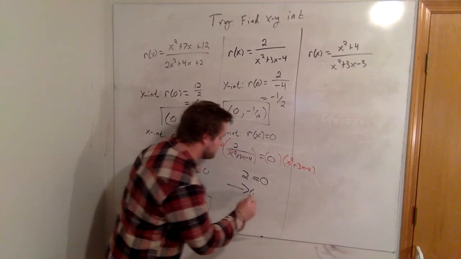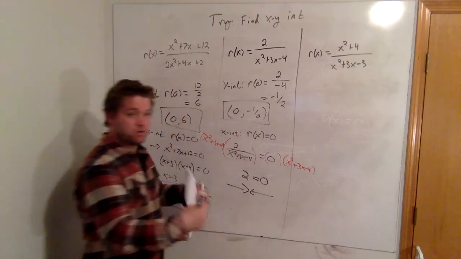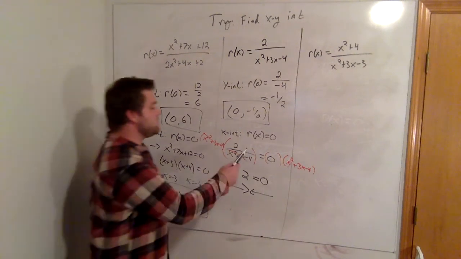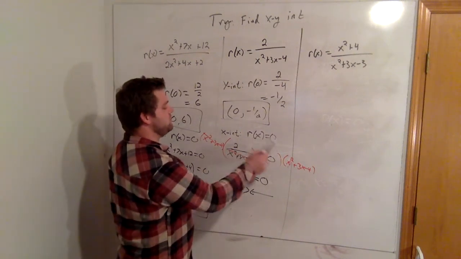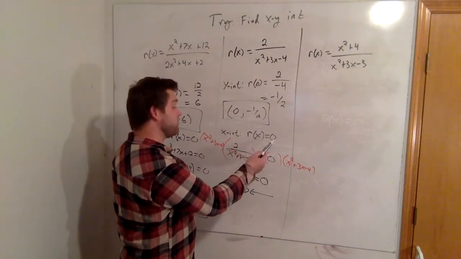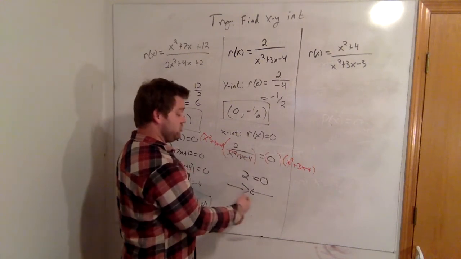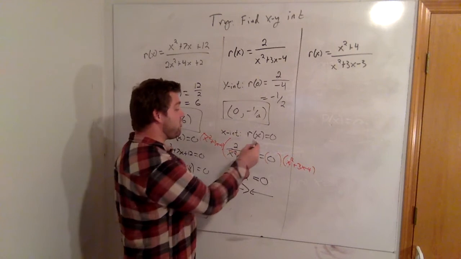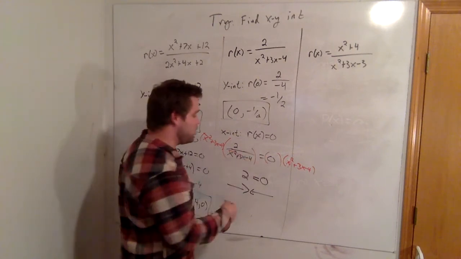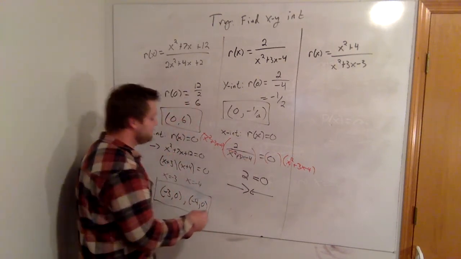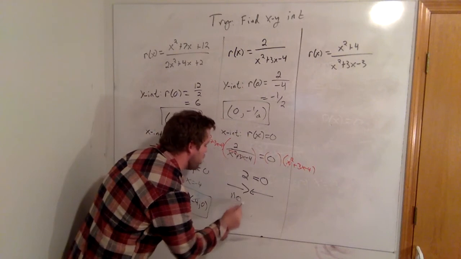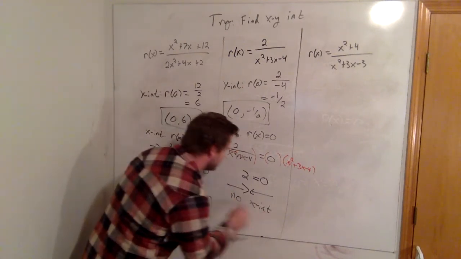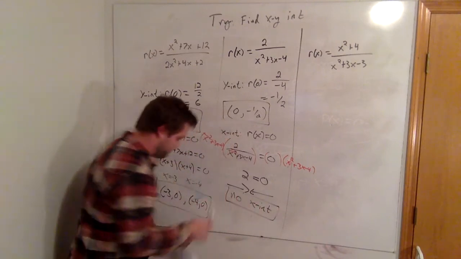When you have a contradiction, a common math symbol is two arrows pointing towards one another. So what is this saying? If I'm trying to figure out when the outputs of this function are equal to 0, well, they are equal to 0 provided that 2 is the same as 0, which is a false statement, which must mean that r of x is never 0. So this is telling us that there are no x-intercepts for this example.